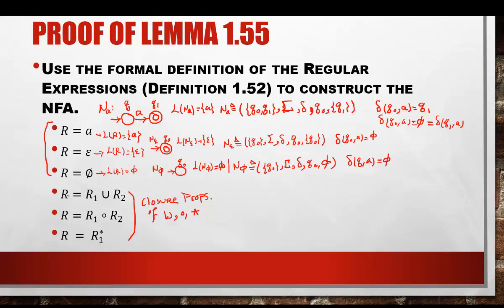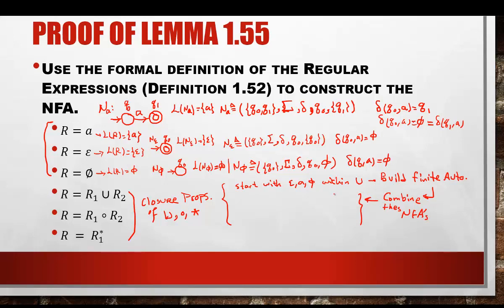So if I'm given a regular expression that is the union of two other expressions, what I'm going to do is, for each case, start with the epsilon, a, and phi expressions within unions, and then build finite automata off of those, then combine these NFAs with the closure theorems that we had.